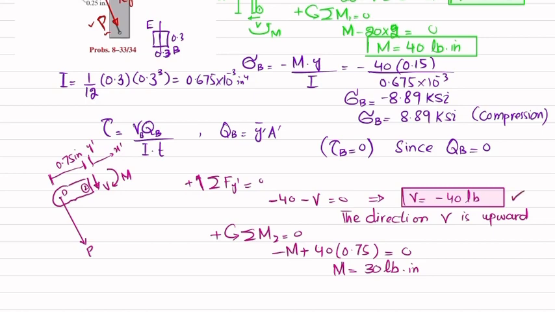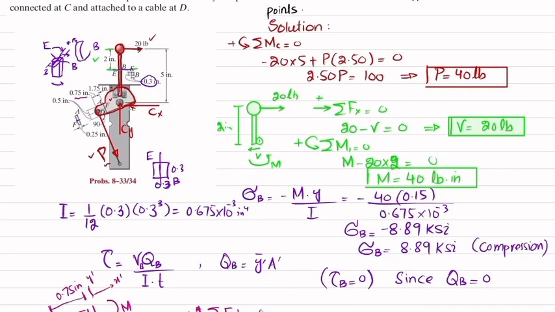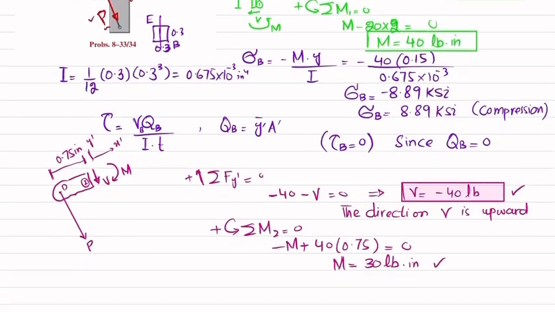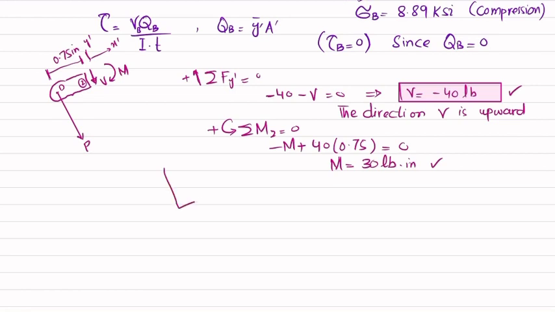Now you have shear force and moment as well. So you can see at this section, the cross section is shown, which is 0.25, and the height is 1 inch, 0.5 and 0.5. Let me draw it correctly.